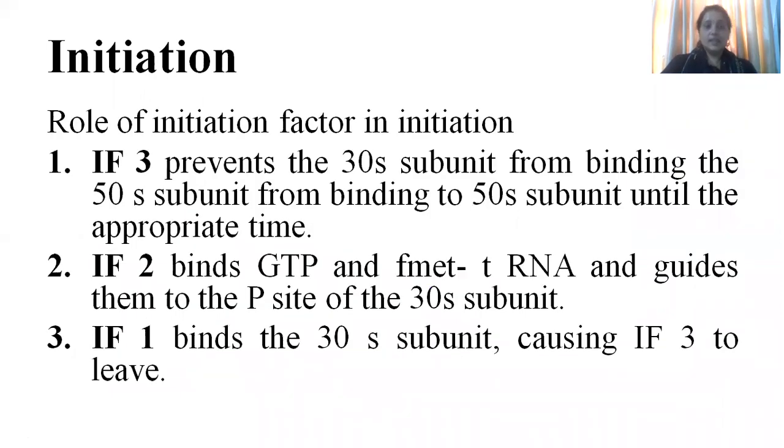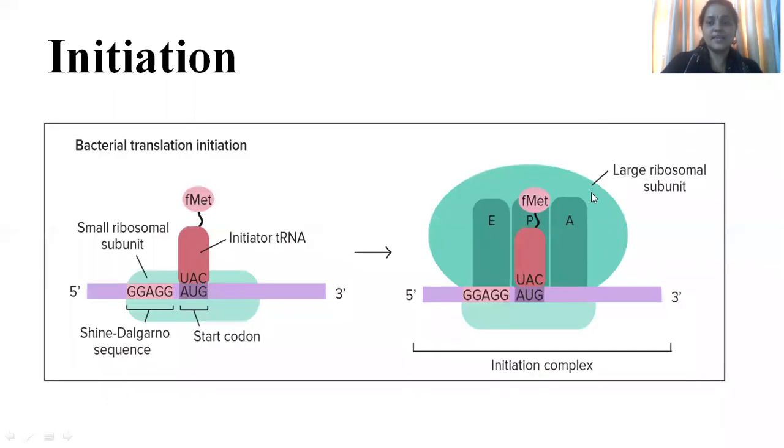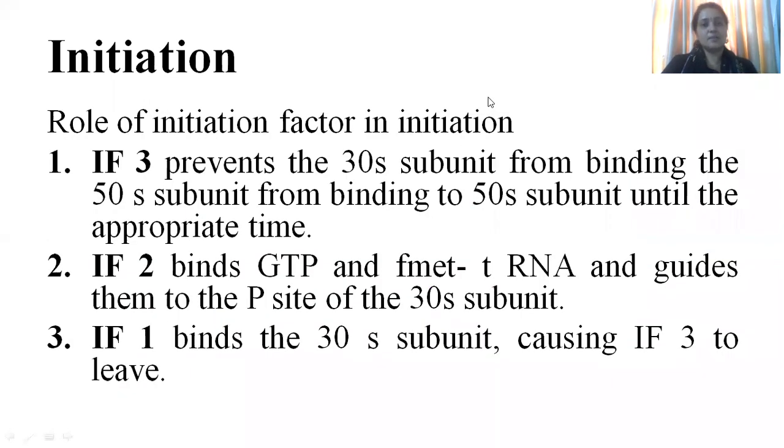So now for the formation of this initiation complex, which you have already seen over here, initiation factors' role is very important. So we will start with the role of initiation factors.